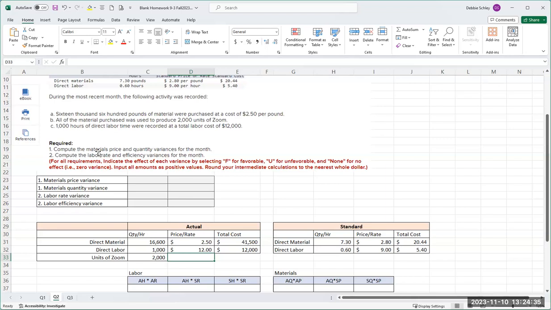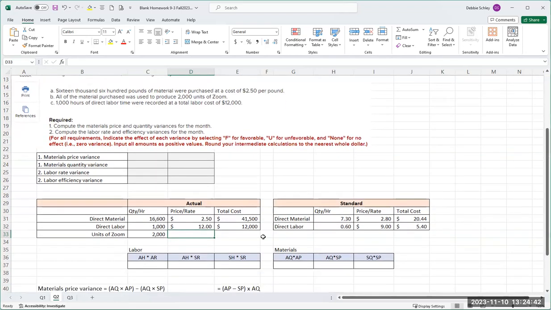Required one, compute the materials price and quantity variances for the month. So again, I like to fill in the chart and material. So for materials, my actual quantity, actual price is that total cost of my direct materials, where I took the actual quantity times the actual price.